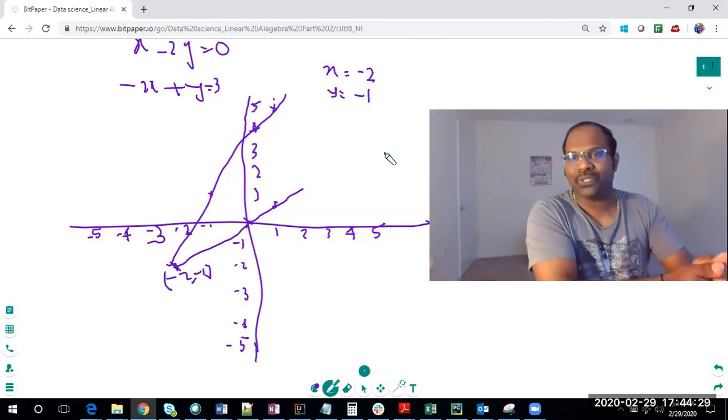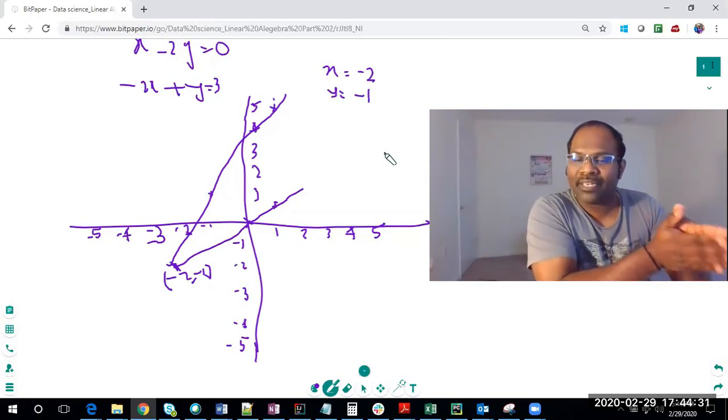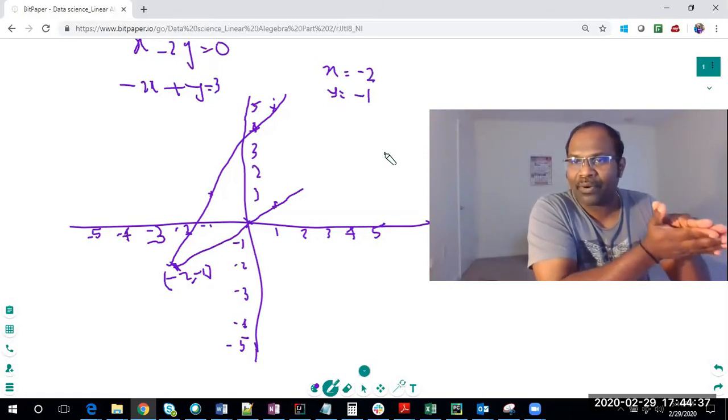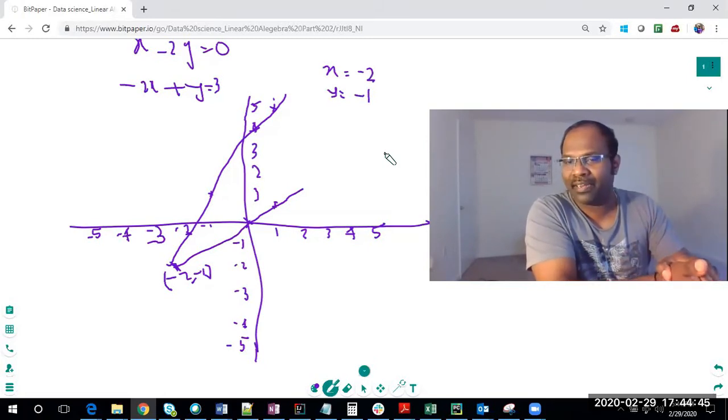Let's see where it is going to join. So that joining point is a common solution, or common value, which meets these two equations. At that point, we can find out the x and y values. That means if you give the x value, you definitely get the y value.